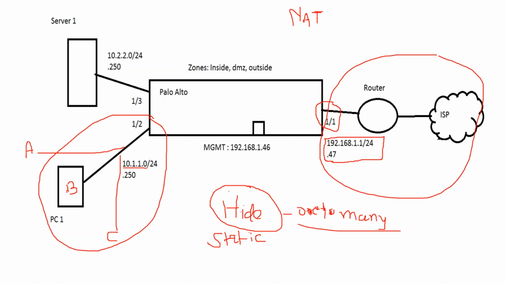We want to enable NAT here to hide all these interfaces behind the IP address of your outside interface.